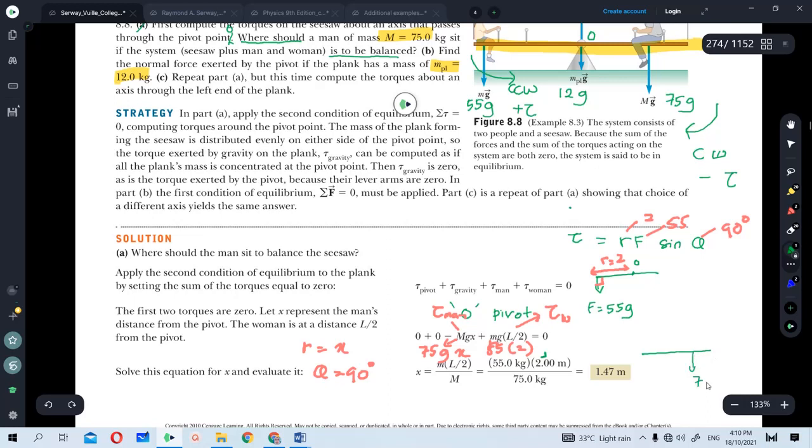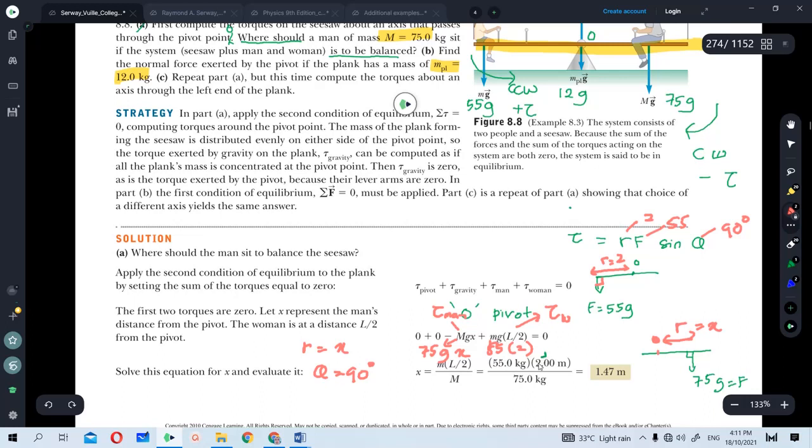This is the force, 75g, perpendicular to the lever arm. This is the O, or the pivot. So this is the r, the unknown value X. That's how you substitute the numbers.